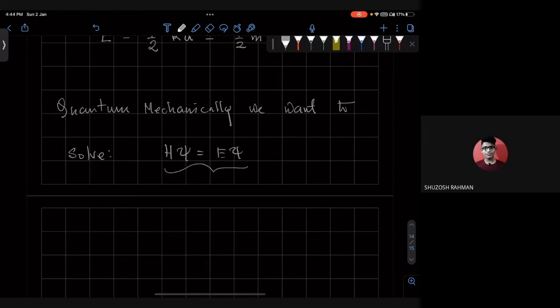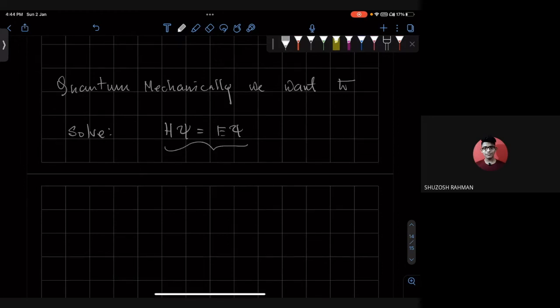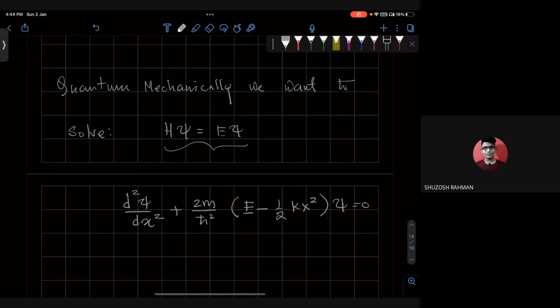This is the energy eigenvalue equation. If I write it out explicitly, I get H, this is the kinetic term, and then we have a bunch of constants, and then E is the energy minus the potential energy, half k x squared, times psi equals 0. So this is the differential equation we have to solve.